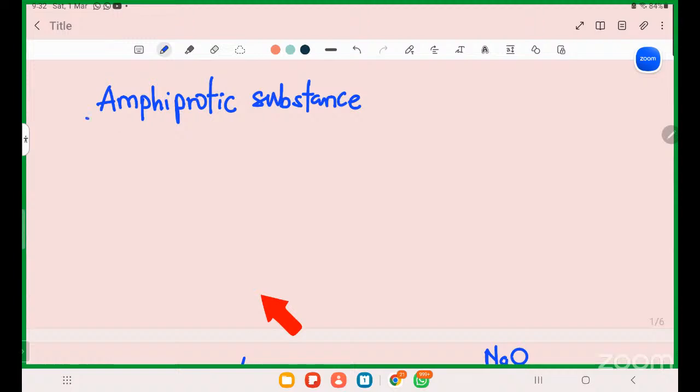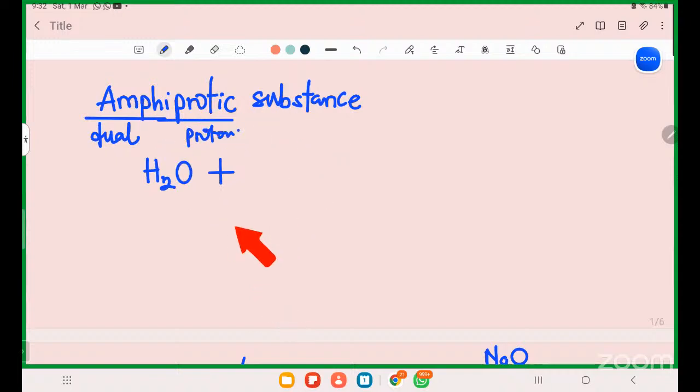When we say amphi, it means dual. Protic, that is proton. So water can act both as an acid and as a base. Any substance that can act both as an acid and as a base, we call an amphiprotic substance.